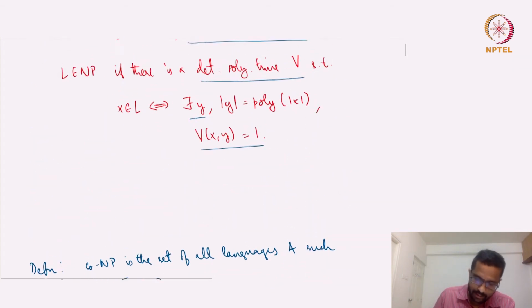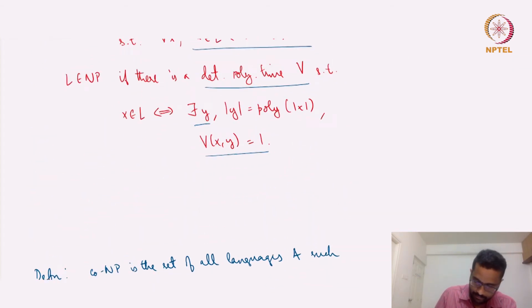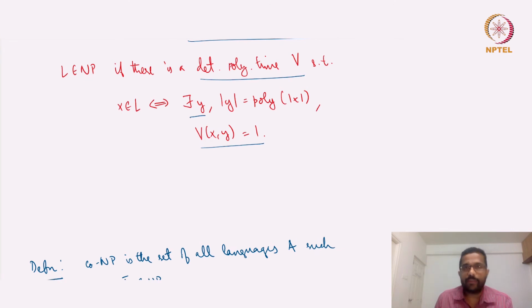And just like we had the verifier based description for NP, we also have a verifier based description for co-NP. I'll write it here.